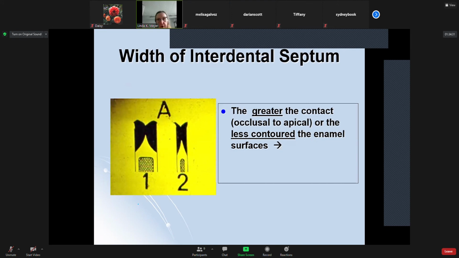In contrast, where I have this greater contact in an occlusal to apical direction, there's a longer contact there. The interdental septum is going to be narrower. It's not as wide. So look how narrow that is in this area.